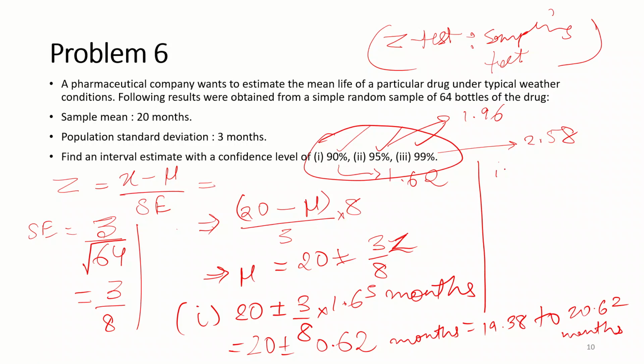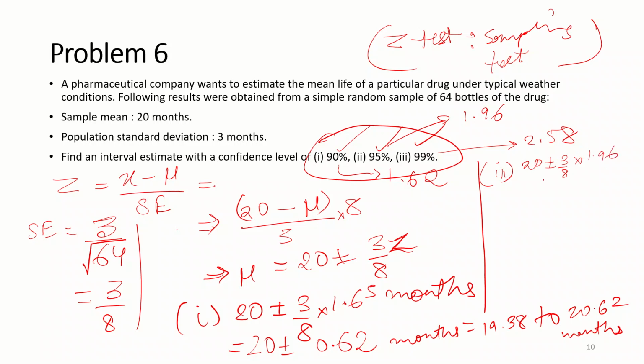For the second one, we are just putting the value of z according to the different conditions. I think everyone is following. The second one is 20 plus or minus 3 by 8 into 1.96.